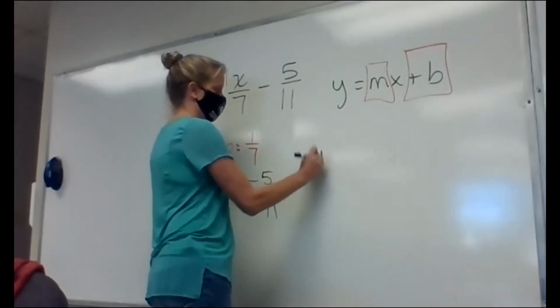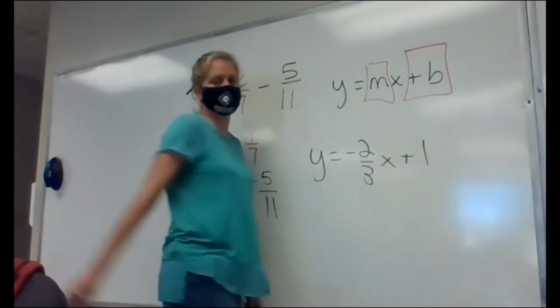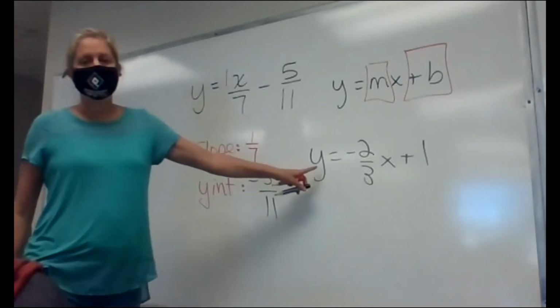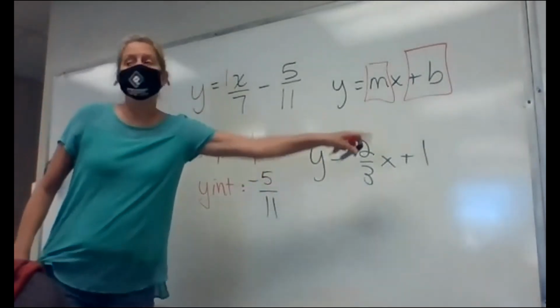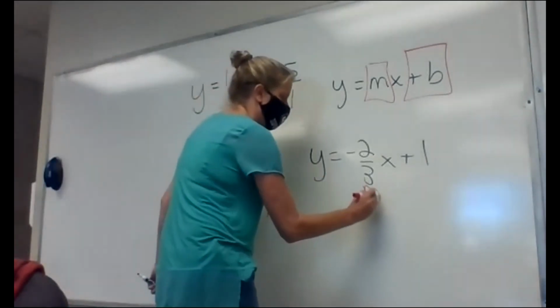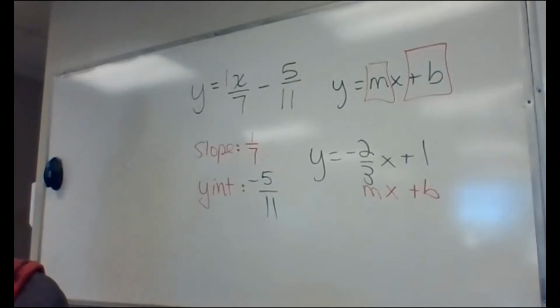Let's just do another one before we jump into graphing. Is the Y by itself? Yes. Which means on the other side is your mx plus b. The number hooked onto the x is your slope.